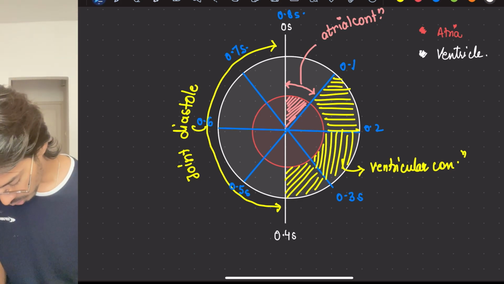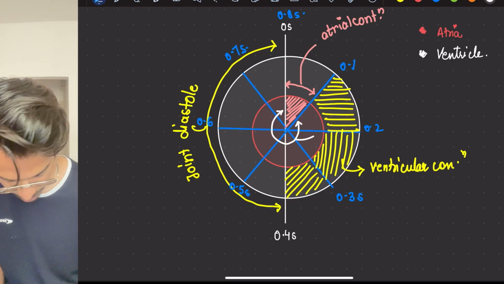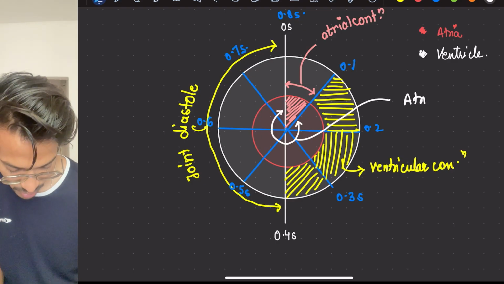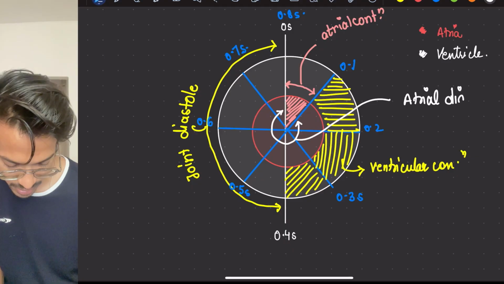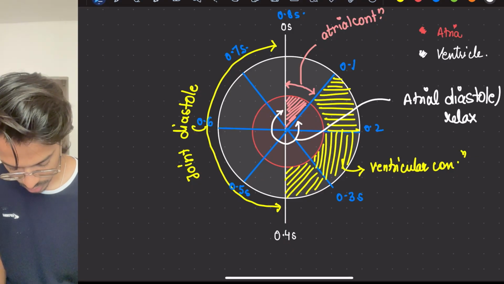So this whole part from here to here, it is representing atrial relaxation or atrial diastole. Okay, this is systole.